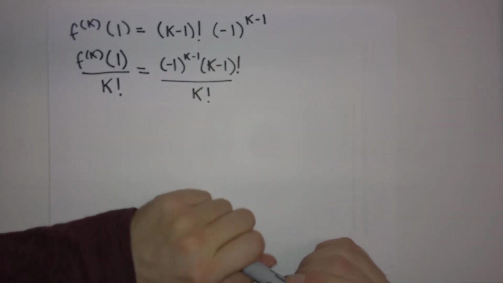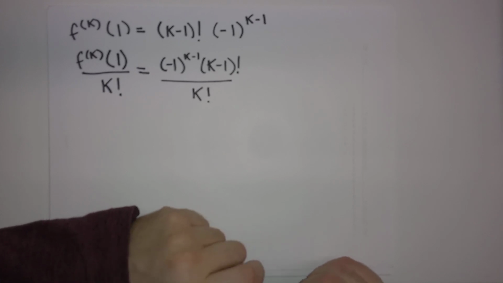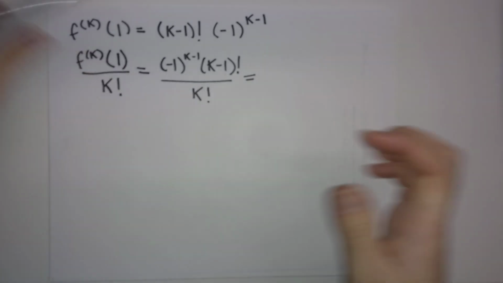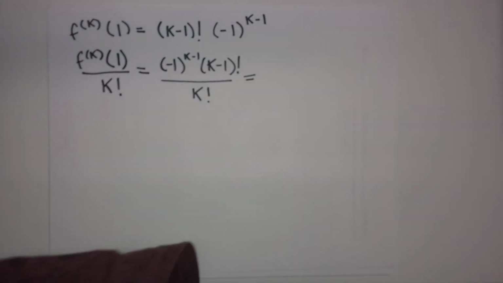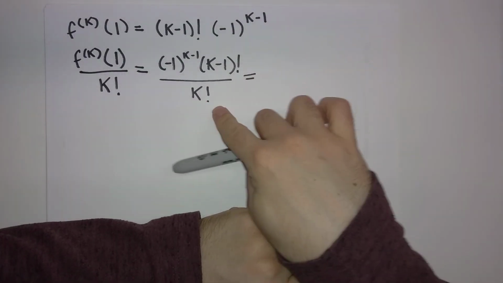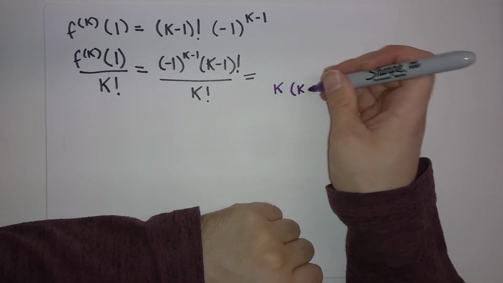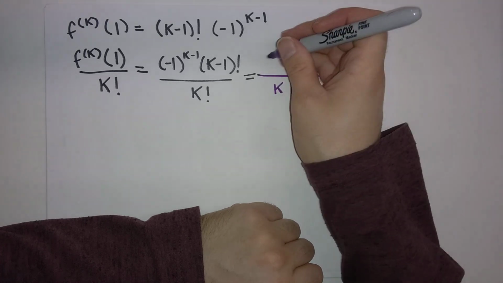So how do we simplify this? This feels similar to things that we did looking at ratio test problems. We can rewrite k factorial as k times (k minus 1) factorial.